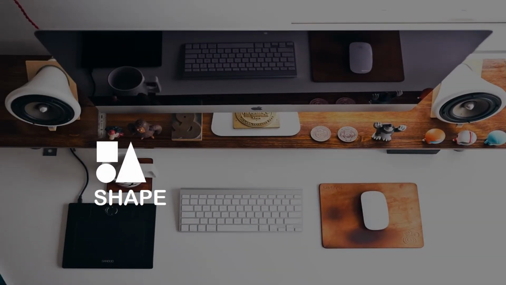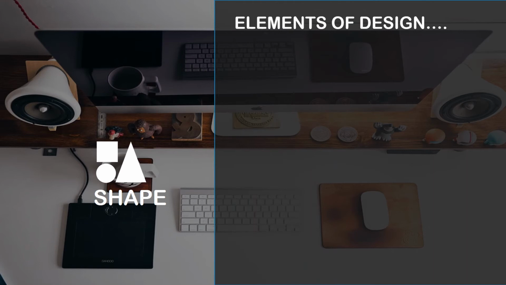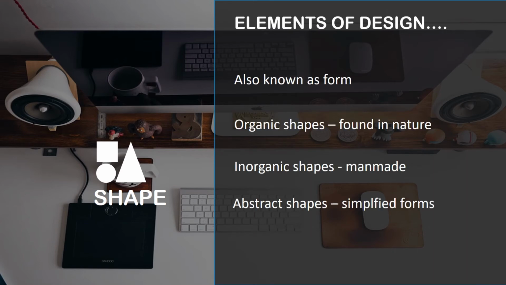As mentioned, shape can be defined as a closed form of line. We have three kinds of shapes: organic shapes, inorganic shapes, and abstract shapes.